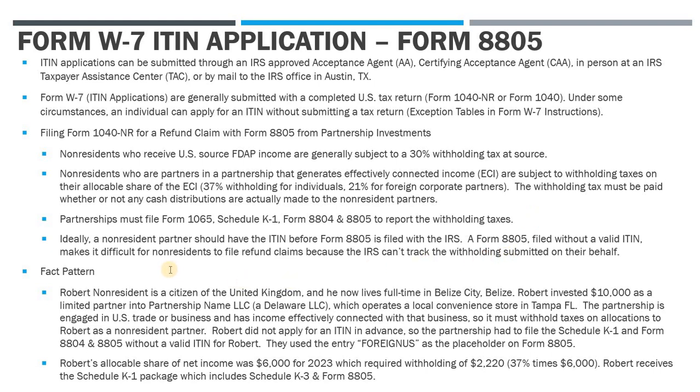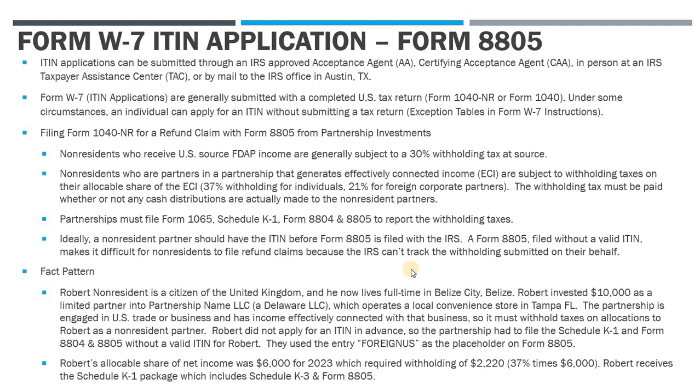Now, ideally, non-resident partners should have an ITIN before the 8805s are prepared by the partnership and filed with the IRS. Now, the reason why that's important is because if you file the 8805 without an ITIN attached to it, it makes it difficult for the non-resident to later file the 1040-NR to try to claim some of that withholding tax because the IRS can't easily track it within their system.